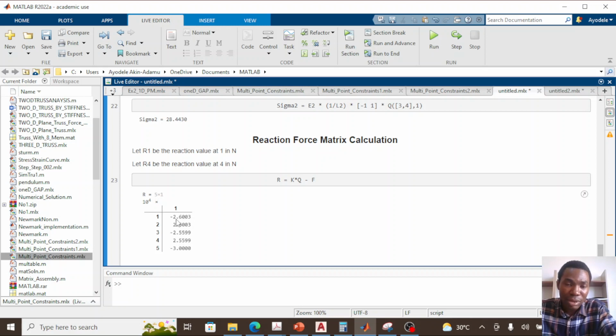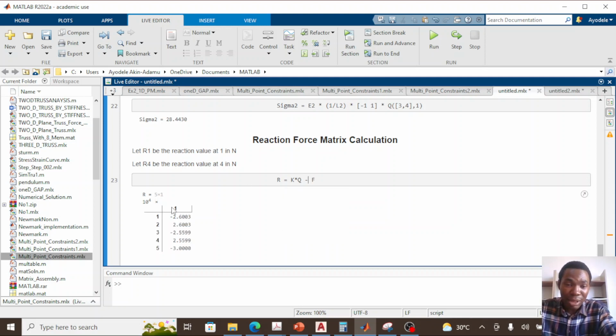Node 1 is minus 2.60. Remember, if you look at my force vector, I'm taking force pointing downward as positive, plus 30,000 Newton.